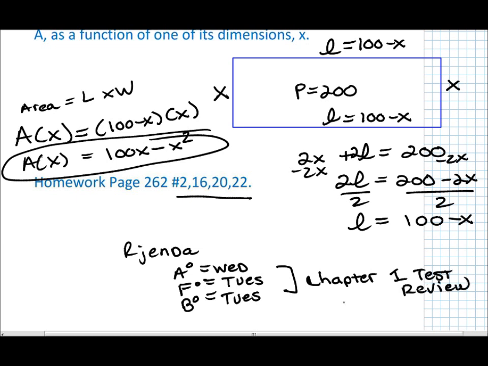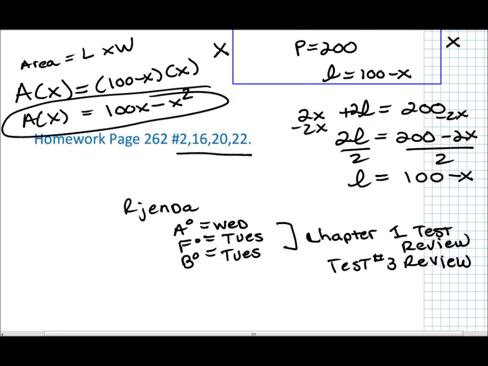It might actually say test number 3 review, but it's the same thing. Alright, so you'll find your review sheet already there. You can print it out for your test, which is on Thursday. Alright, any questions, please email me.